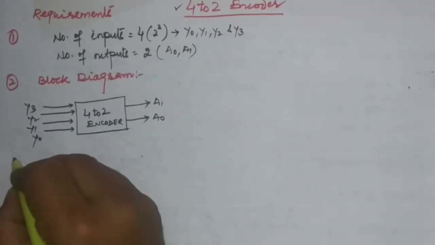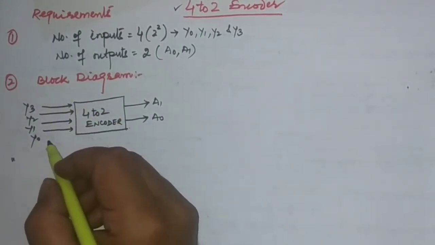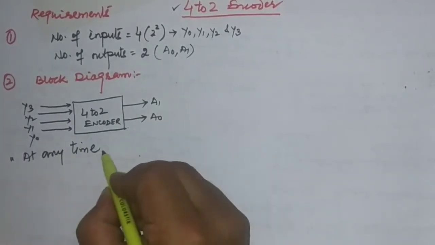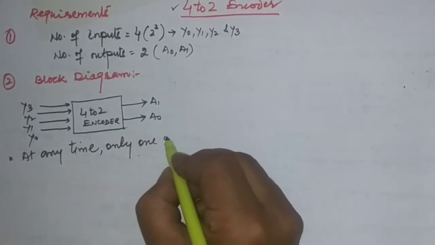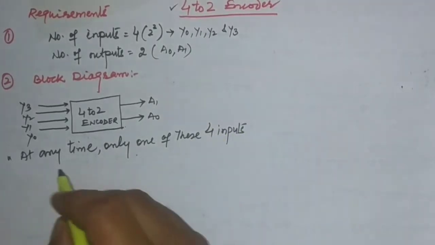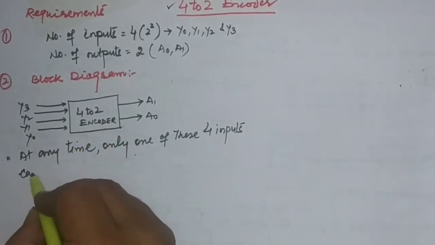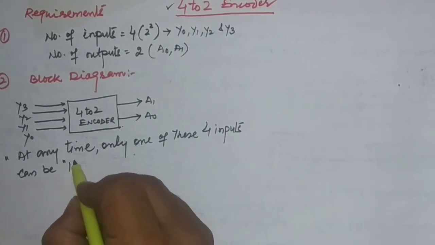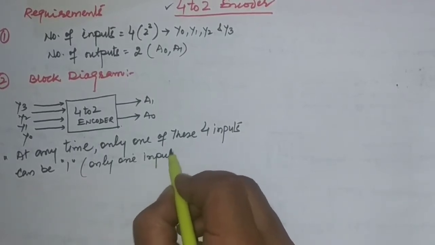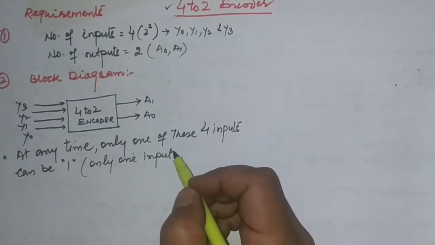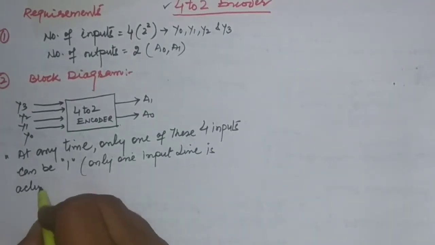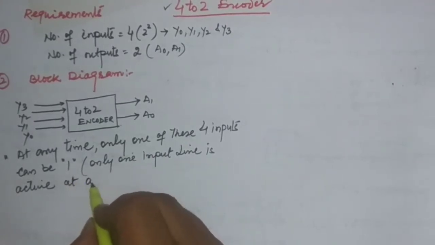By seeing the block diagram and according to the definition of encoders, we know that at any time only one of these 4 inputs can be high, meaning 1. In the previous lecture of introduction about encoders, we also discussed the same thing, that only one input line is active at a time.